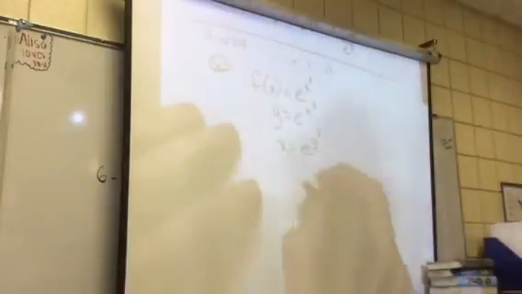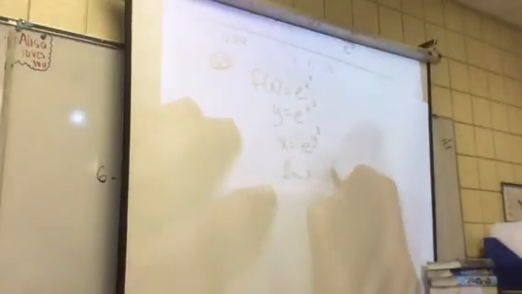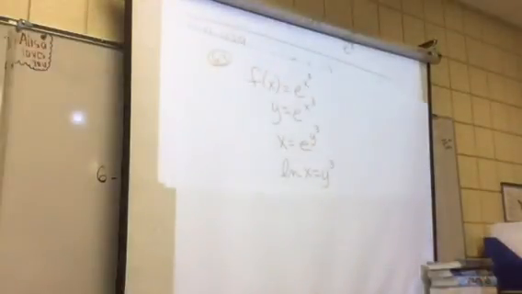To solve for this variable y that's in the exponent position, I would need to rewrite it as a log equation. What's our base? e. So a log base e means natural log of x equals the exponent, y to the third.